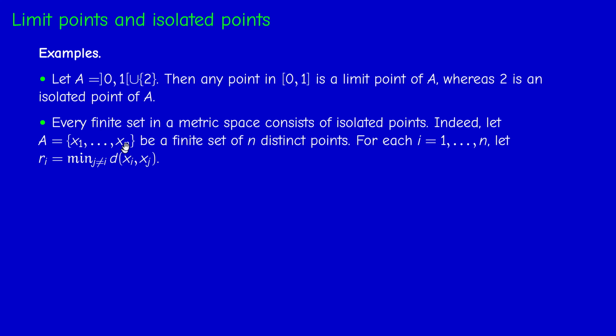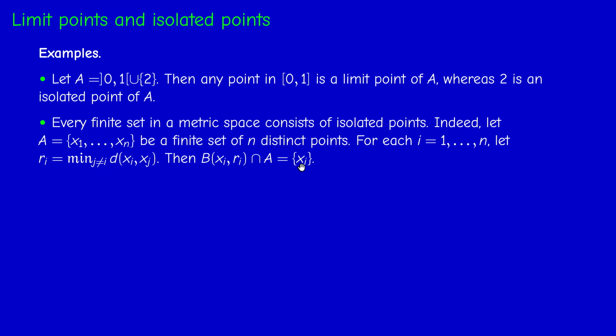Since all the elements are distinct, because we are removing the redundancy, each Ri is positive. Now it's very easy to check that the open ball of center xi and radius Ri meets A only at xi.